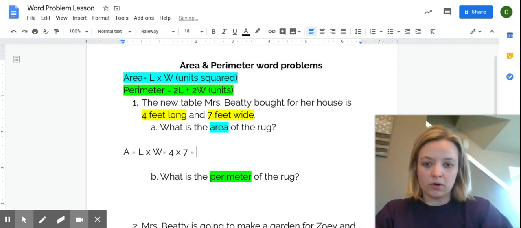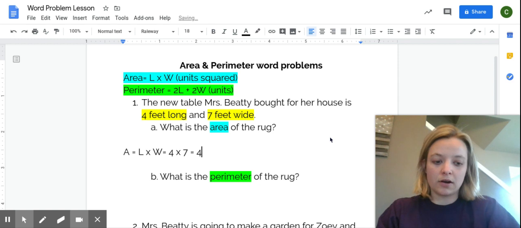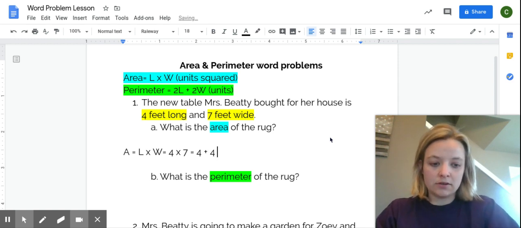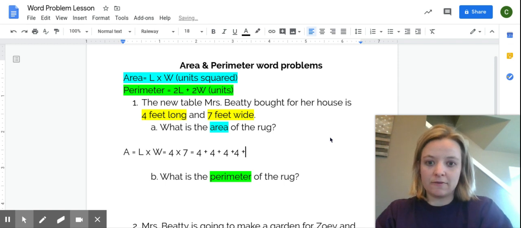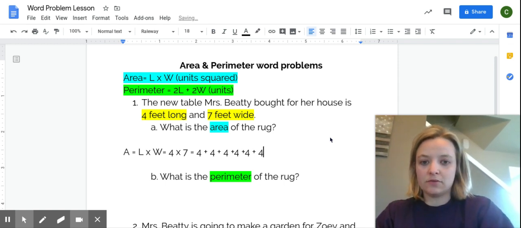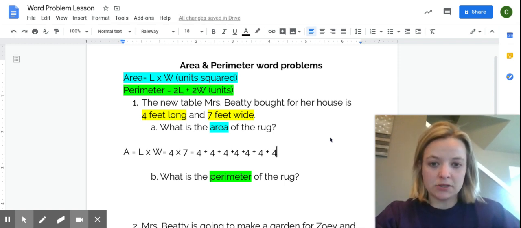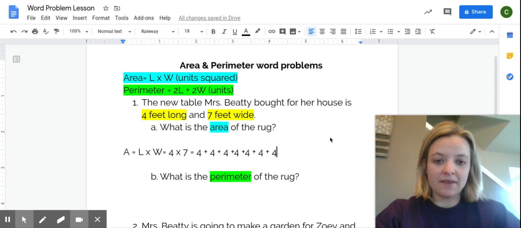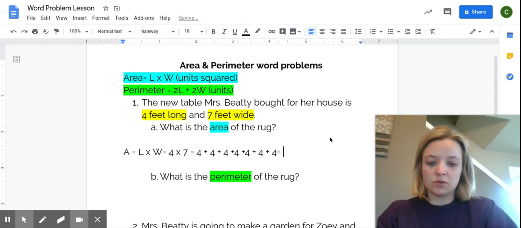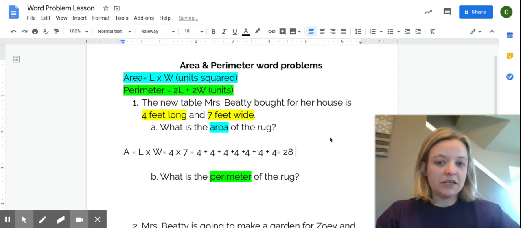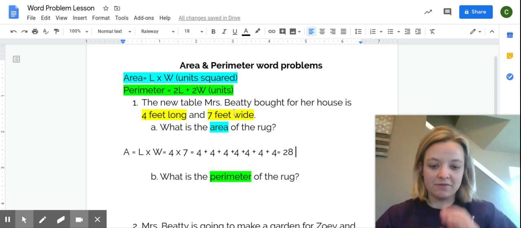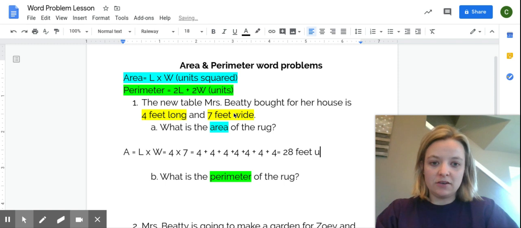And to show my work, I can say 4 plus 4 plus 4 plus 4 plus 4 plus 4 plus 4. So I have 4, 7 times, 1, 2, 3, 4, 5, 6, 7, which equals 28. And instead of writing units, notice my table is in feet. So I'm going to say feet. It's 28 feet, units squared.